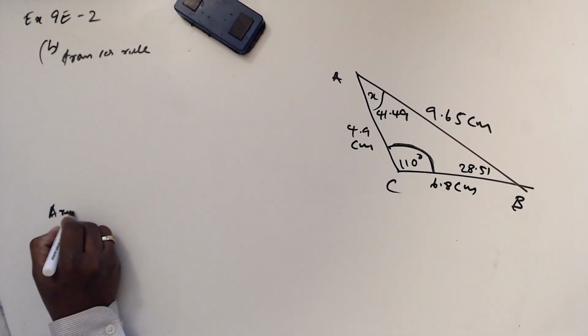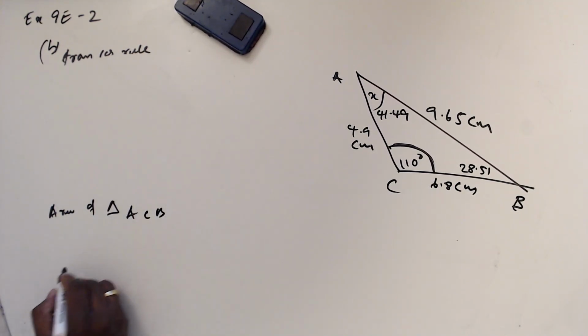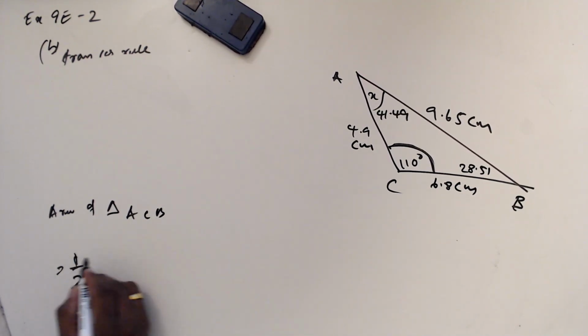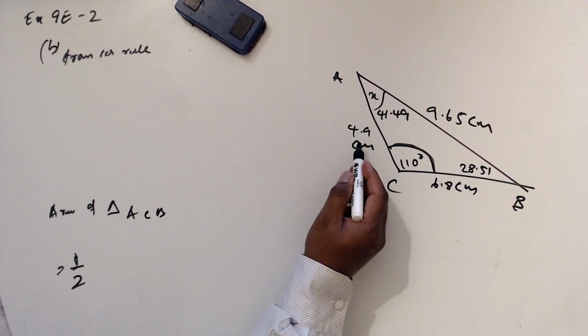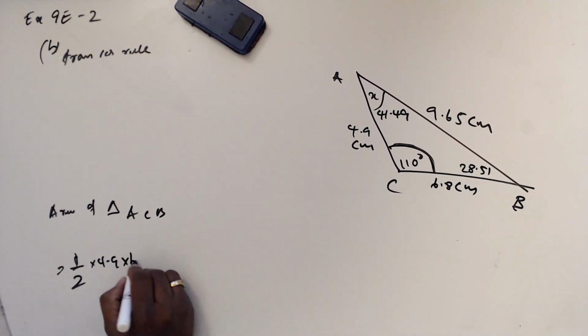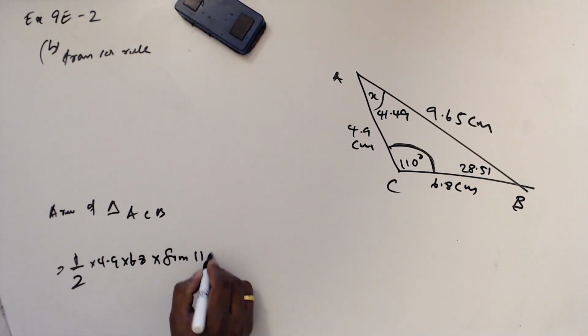Area of triangle ACB equals half times 4.9 times 6.8 times sine 110.